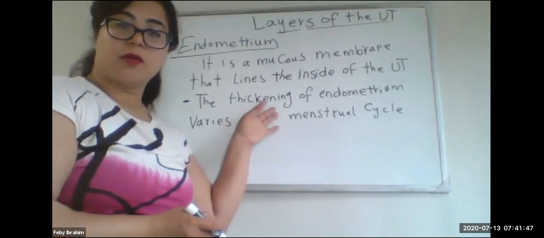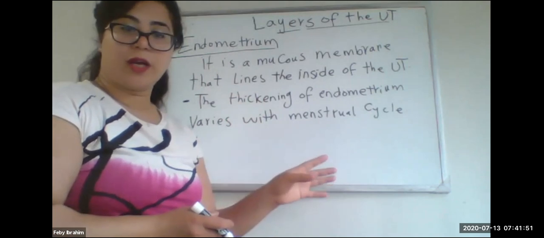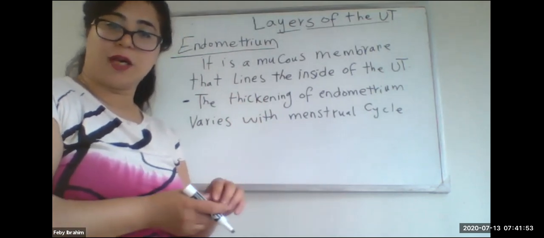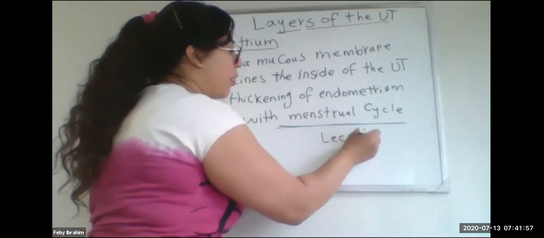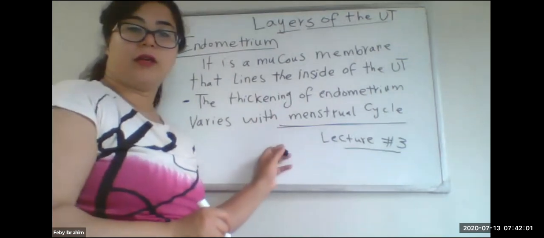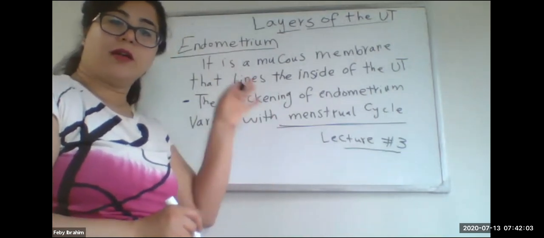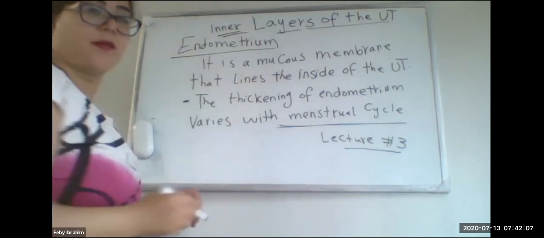The ultrasound appearance and the thickness of the endometrium varies with the menstrual cycle, and we are going to talk about this later in lecture number 3. So this is the endometrium, the inner layer of the uterus.